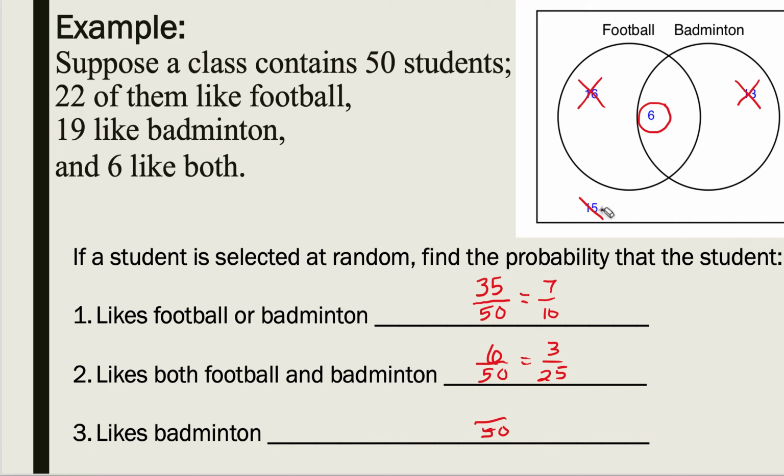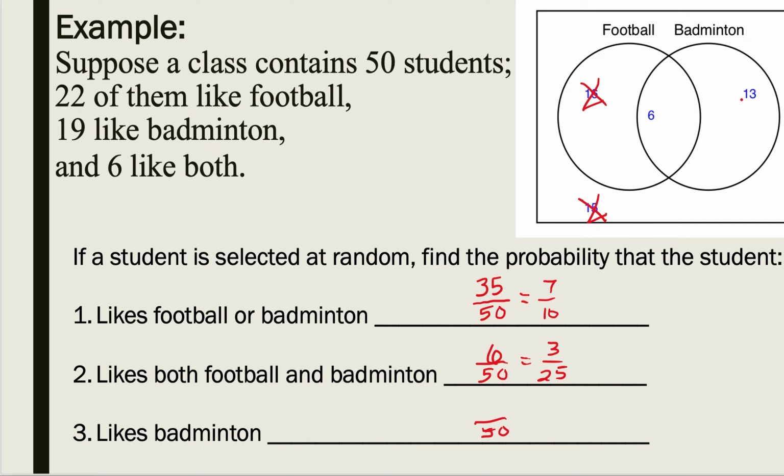All right, and then our next one says, what's the probability that they like badminton? Okay, so again, look at it piece by piece. What about these people? Do they like badminton? No, they only like football. What about these people at the bottom? Do they like badminton? They would say, no, I don't like either sport.